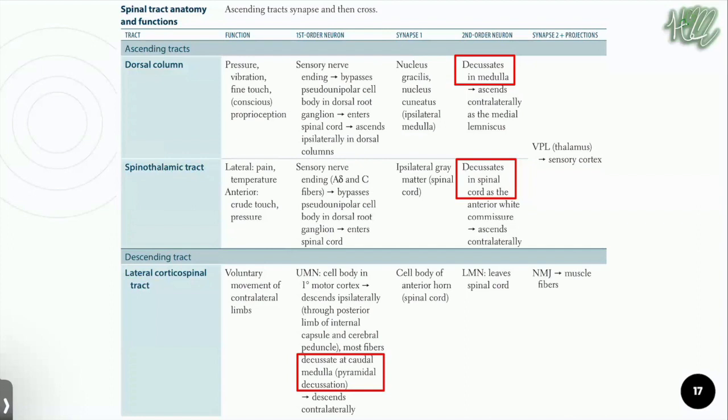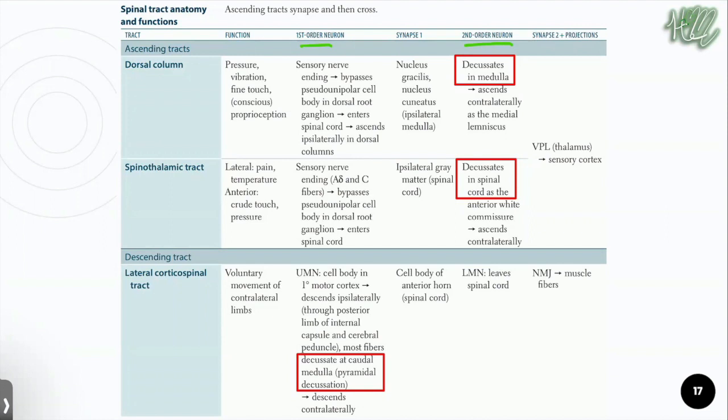As a side note, I have seen them ask how many neurons are part of this, right? For the most part, we have 2 neurons that are part of almost all of these tracts. We have the first one, as it says here, where it's talking about the different neurons, going from wherever it's starting.